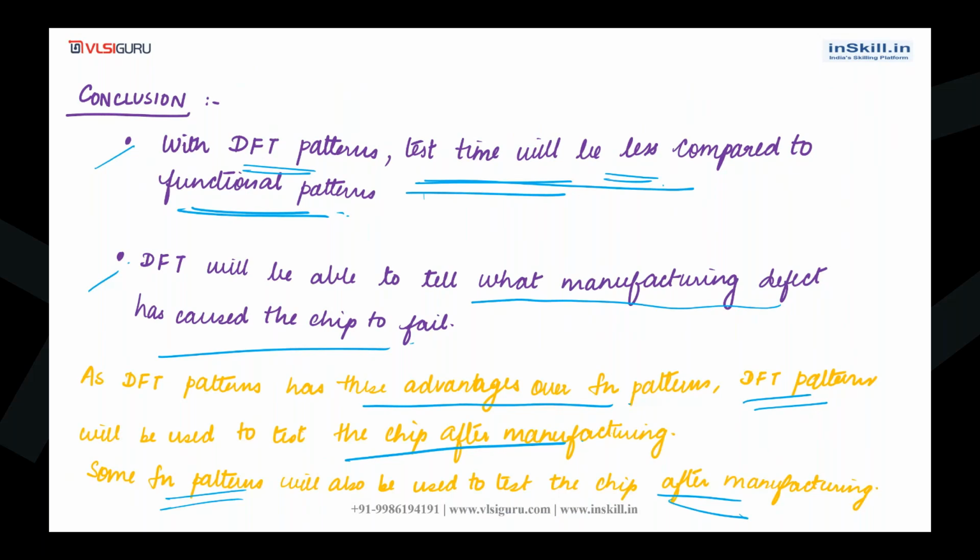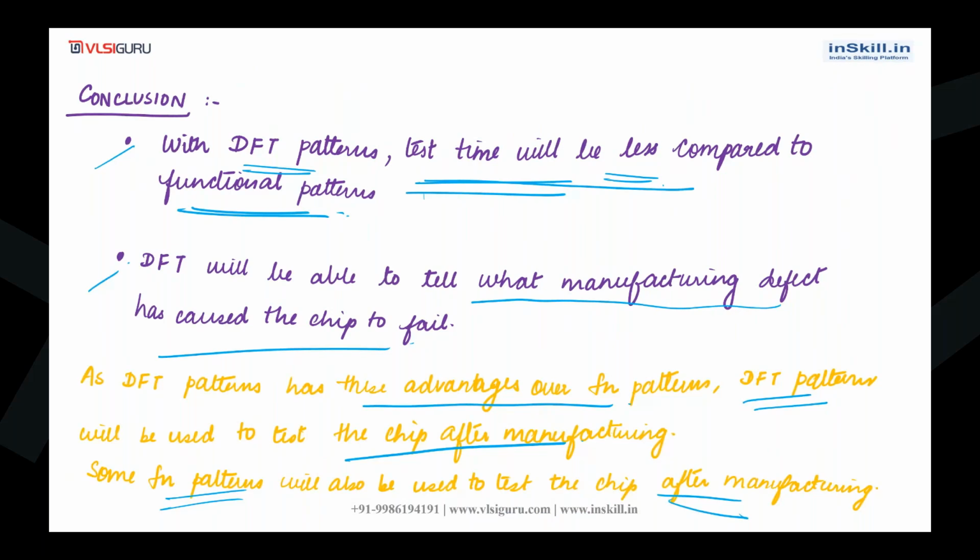Okay, so with DFT patterns, test time is less compared to functional patterns. And DFT team will be able to tell what manufacturing defect has caused the chip to fail. So DFT patterns have these advantages over functional patterns. That's why DFT patterns only will be used to test the chip after manufacturing.